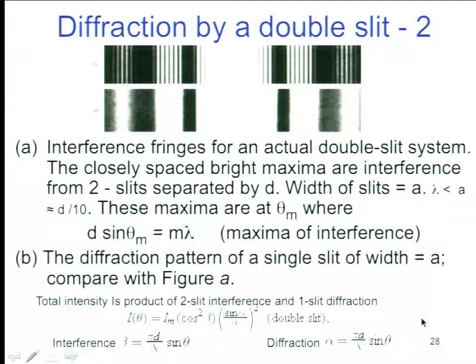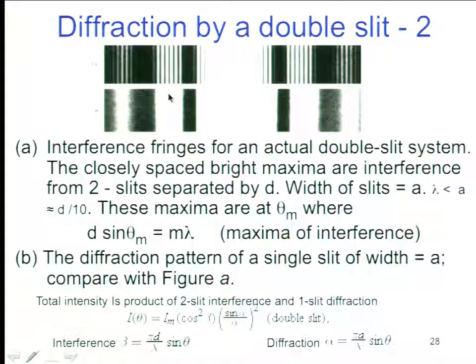So if you look in the book, you'll see that they'll show you things like this, that here is the broad single slit pattern, very bright in the middle, dark, light, and on top of that is the multi-slit pattern, these lines here.